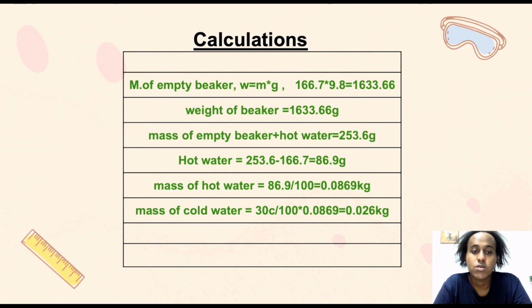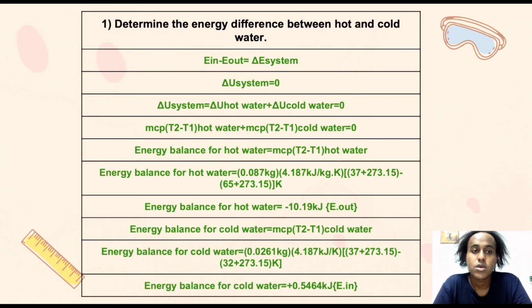Mass of hot water is equal to 86.9 divided by 1000, which is 0.0869 kilograms. Mass of cold water is equal to 30 degrees divided by 100 times 0.0869, which is equal to 0.026 kg. And we determine the energy difference between hot water and cold water.